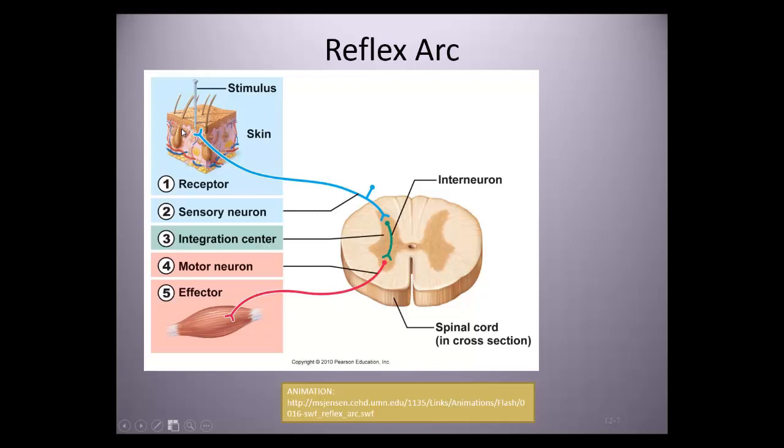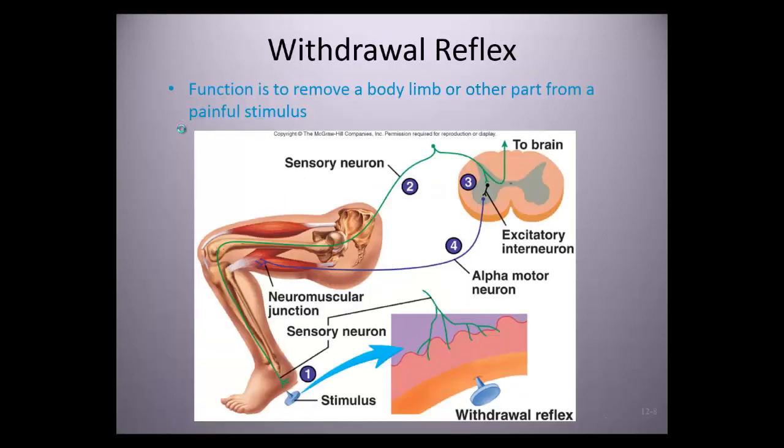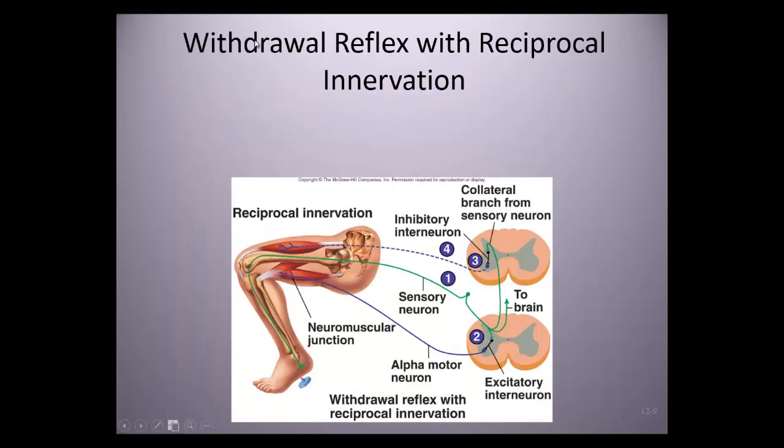Now, if we look at that in a little more detail, not only do we contract the hamstring, but at the same time we also have involvement of the other muscle of the leg, which would be the rectus femoris, that would be relaxed to allow us to contract the hamstring.